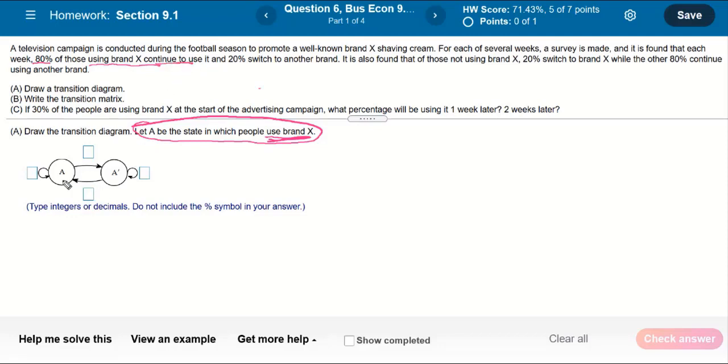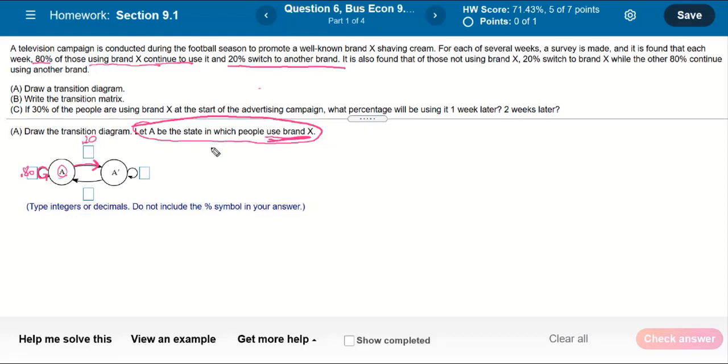So that would be, here's the ones that are using brand X, and they continue to use brand X. So this is our 80%. Which means that the only other number, the 20%, are those that went from using brand X to using something else.